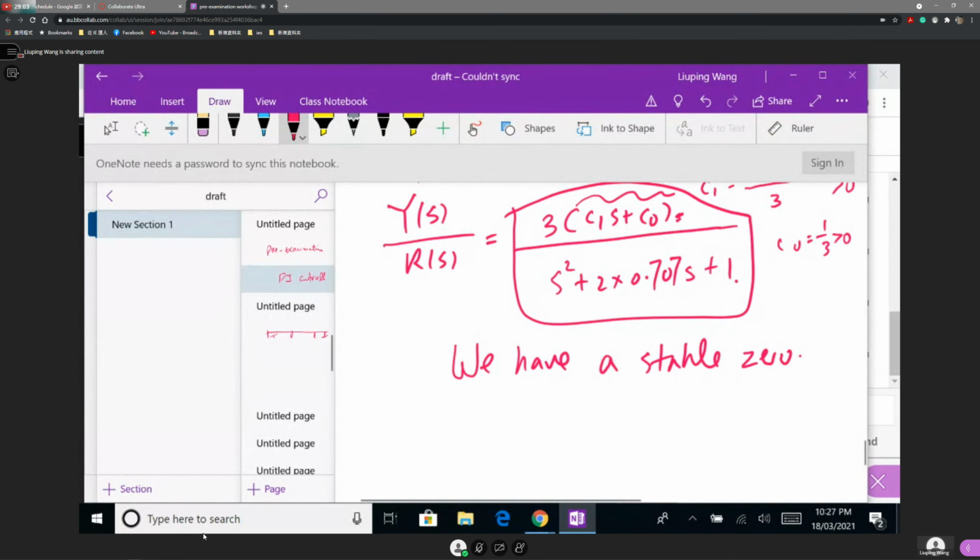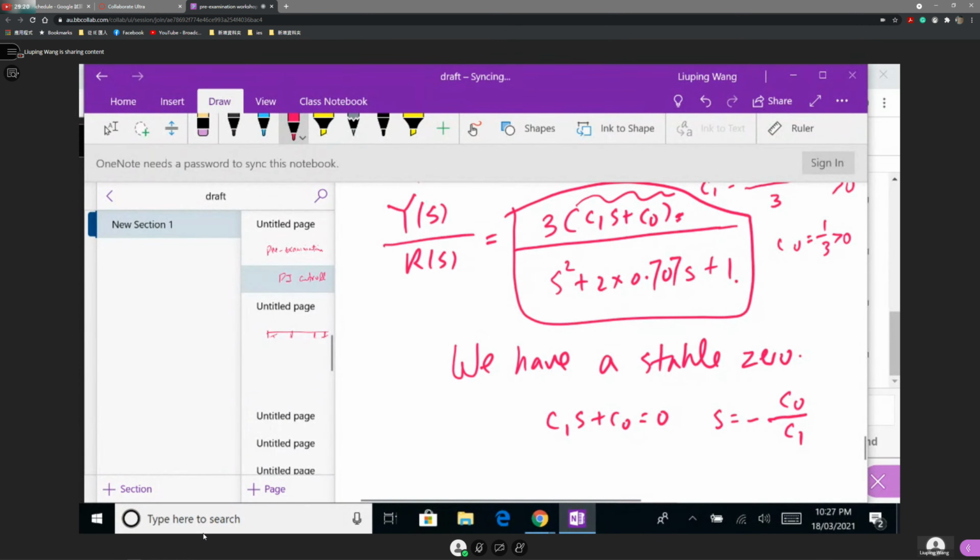Okay, a stable zero. So the zero is at C1 s plus C0 equal to 0, right? So s is basically equal to minus C0 over C1.